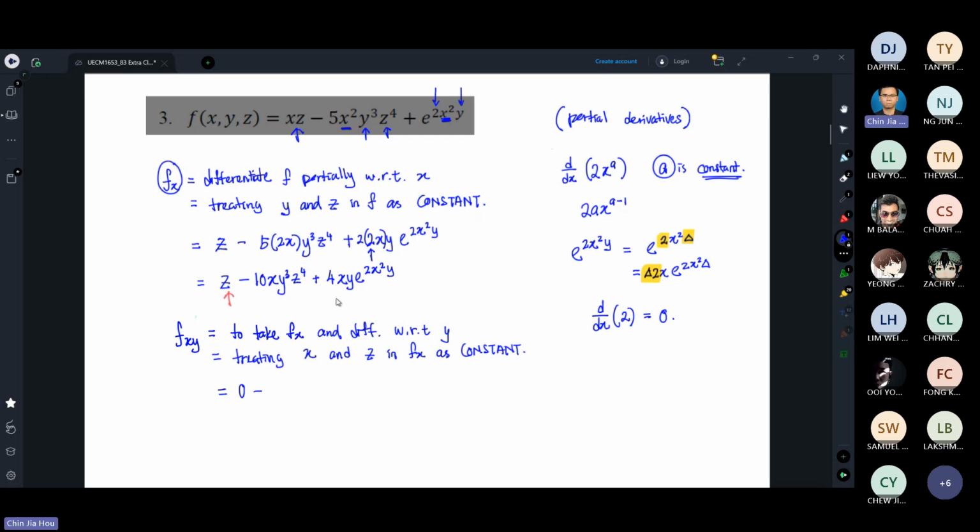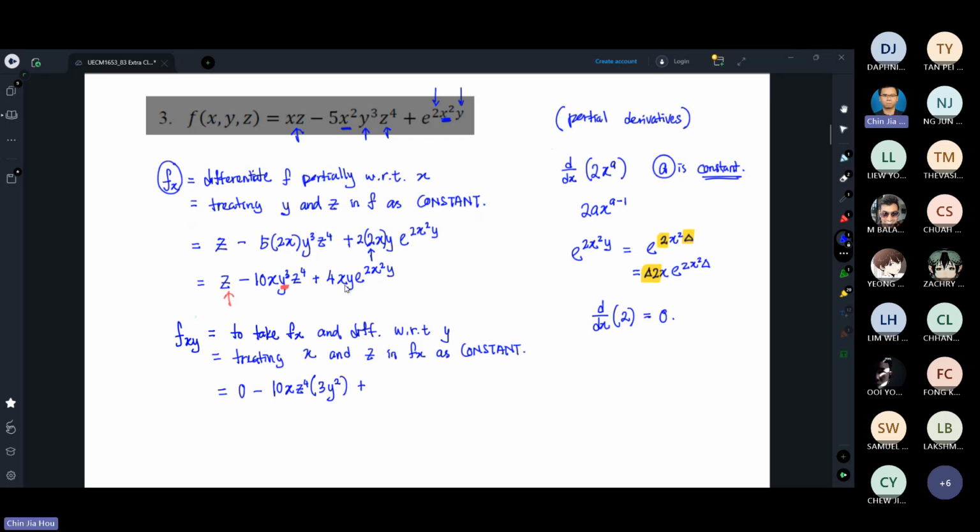Minus the second term here, we have y inside the term. So we are supposed to not get 0. We are supposed to differentiate this y cubed. And the rest just rewrite them as they are. Okay. So in this case, rewriting the rest as they are, and differentiating y cubed here, we get 3y squared.